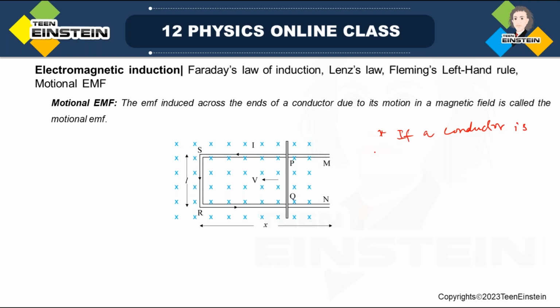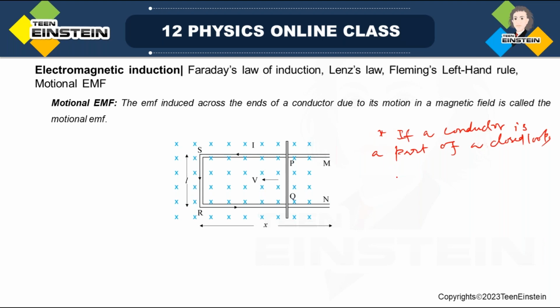If a conductor is a part of a closed loop, then if the conductor is moving, the area enclosed by that loop along with the other part of the loop will also change.